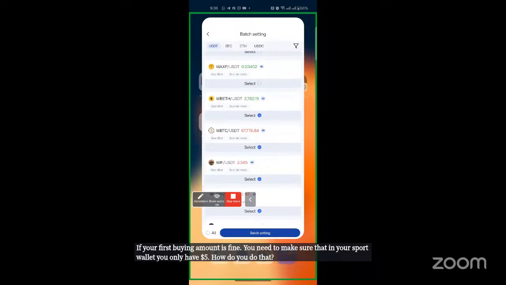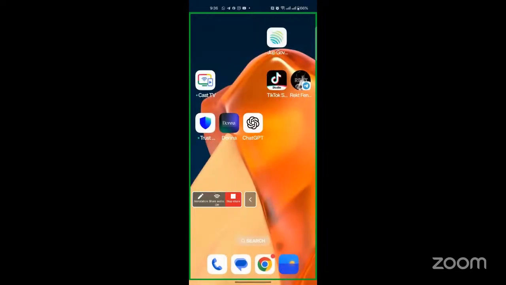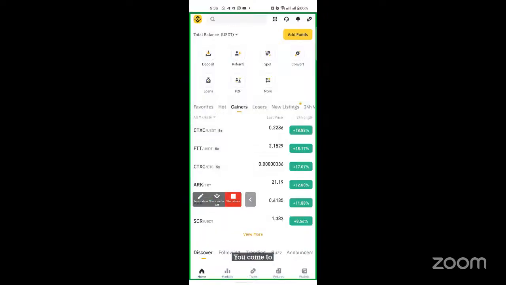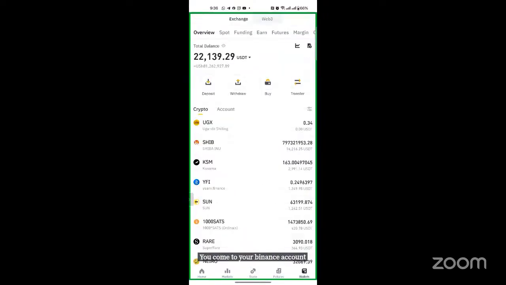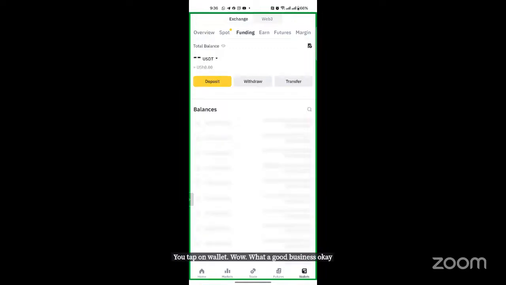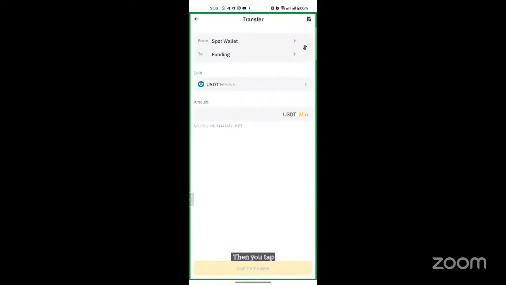You just come to your Binance account. You tap on wallet. Okay. You tap on wallet, then you tap on funding, then you tap on transfer from spot to funding.